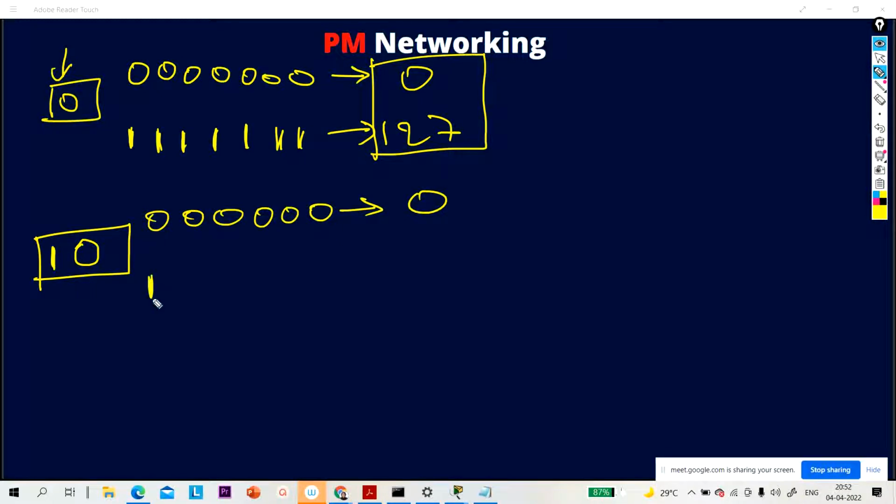If I put 6 ones over here, what value will I get? 63. Oh, here I will not get 0 though. I will get 128 because the first bit is 1. Am I right? I will get 128 over here. Right? What will be the decimal value of this binary?